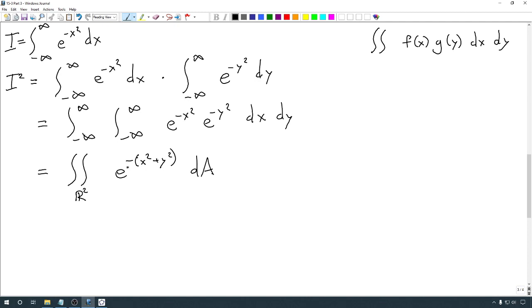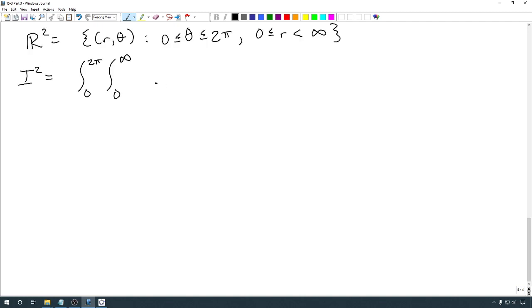Remember, my integrand is e to the minus x squared plus y squared. X squared plus y squared is just r squared, so that's actually very nice. We have e to the minus r squared, which that doesn't look very nice right away. But remember, we do have the advantage that we get an extra r. And that extra r is actually going to make everything possible. Because that extra r is actually going to allow me to make a substitution.